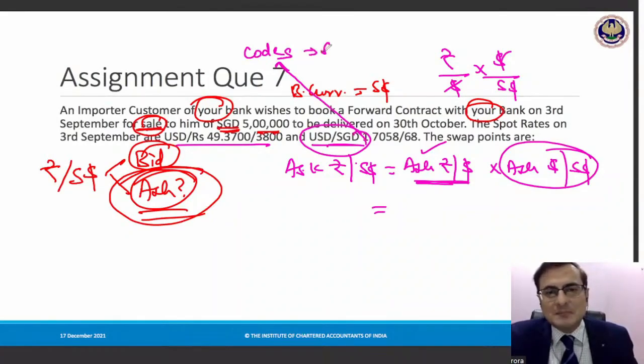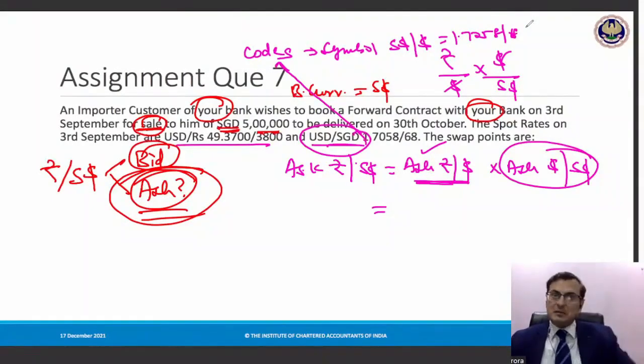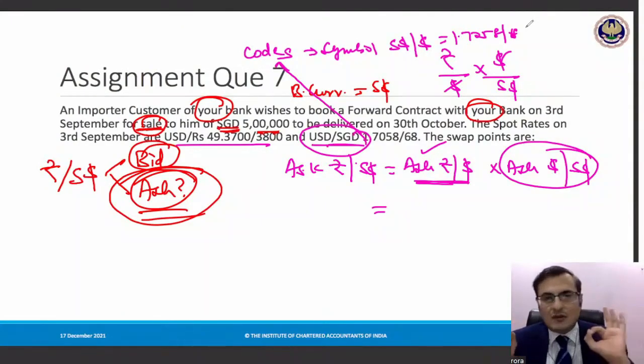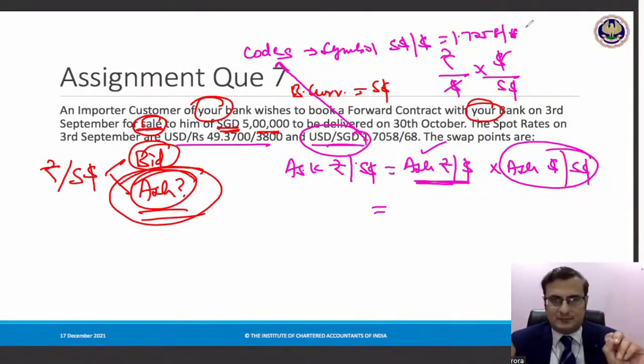To make it simple, you would say this is Singapore dollars per dollar, that is 1.7058. Remember? You can see in my first class why it was so conceptual.